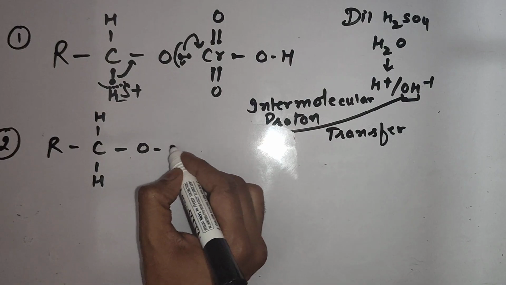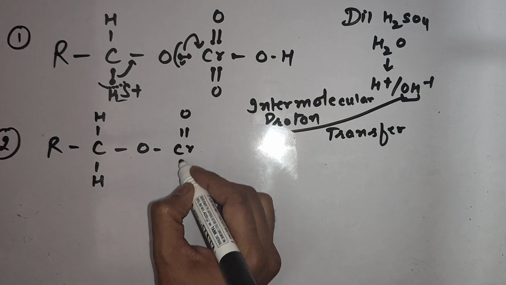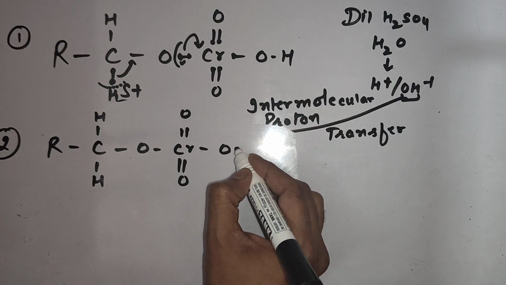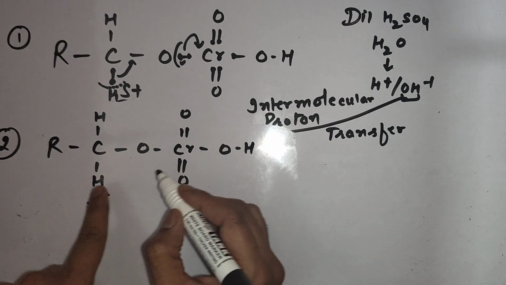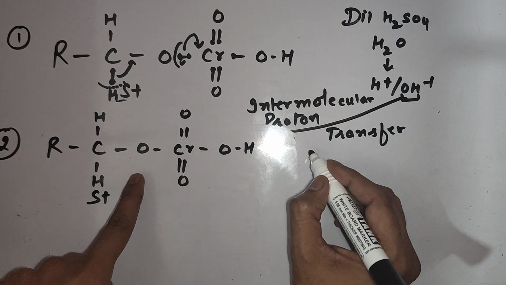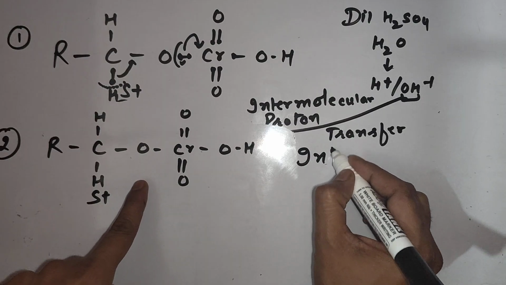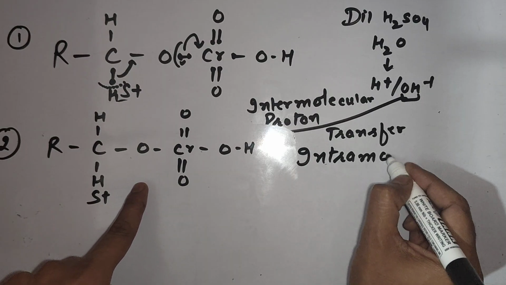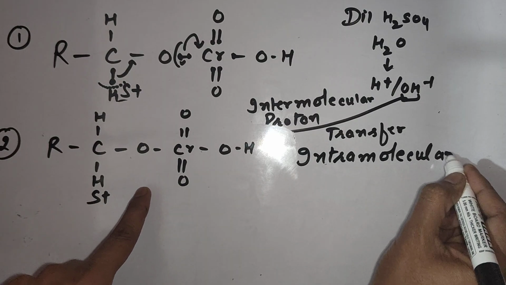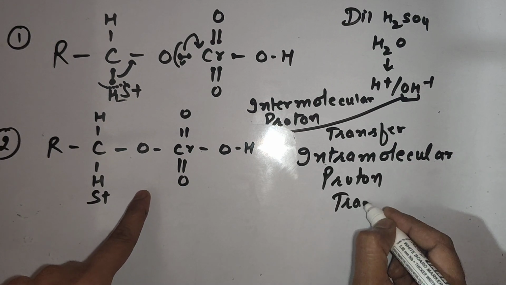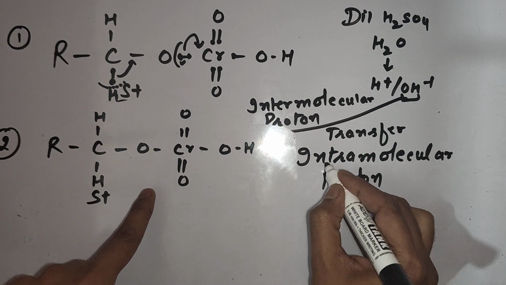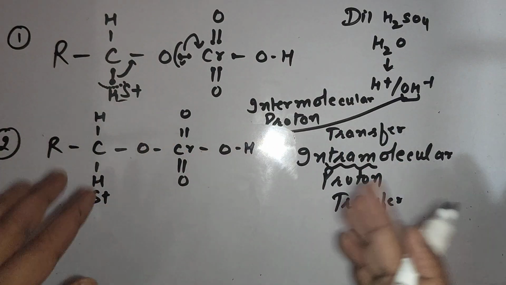Because we know these hydrogens are highly acidic, one more possibility is there, which we call intramolecular proton transfer. It means in the same molecule there will be a transfer of proton.